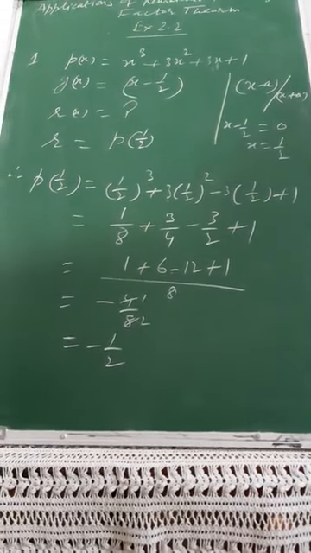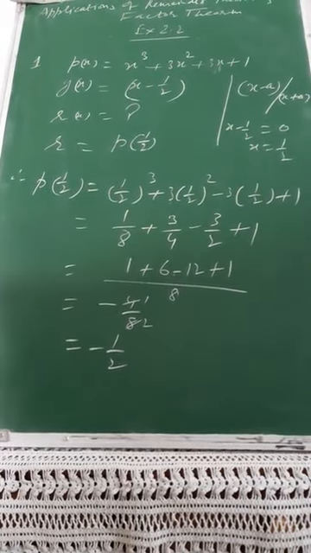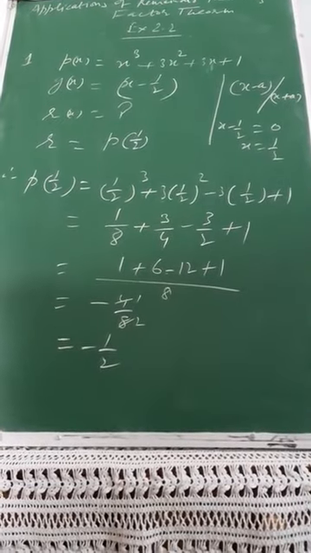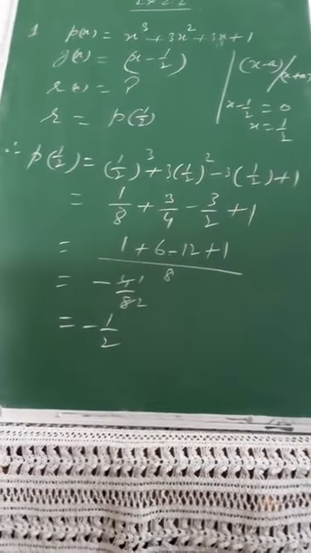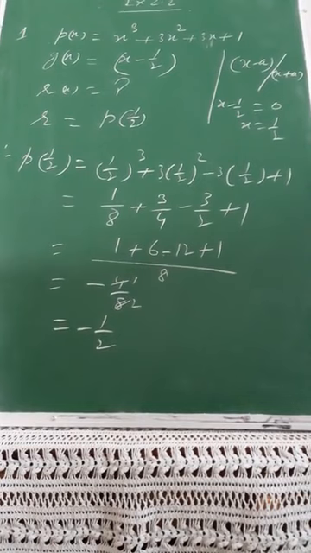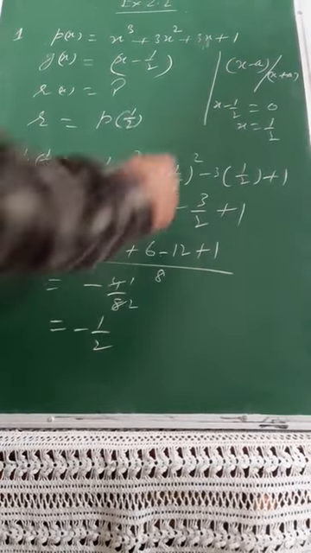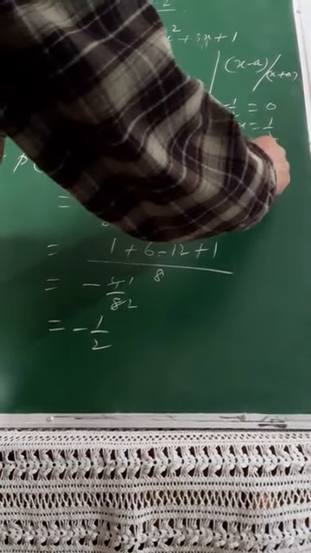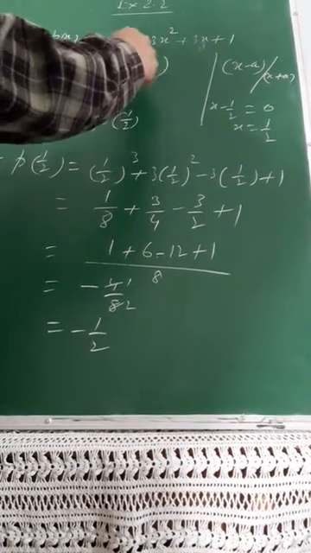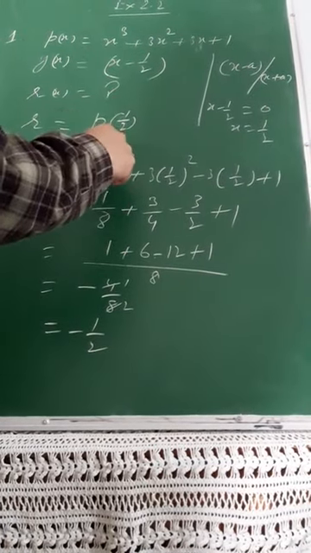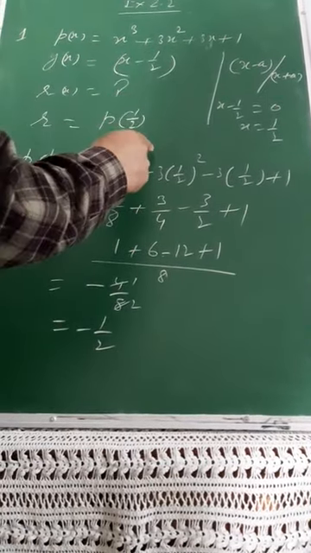This is the remainder if you divide this by x minus 1 upon 2. So please be careful about that. If it is x minus a, you have to replace x by the positive sign of whatever a is there. If it is minus 1 by 2, then by 1 by 2. If it is plus 1 by 2, then by minus 1 by 2.